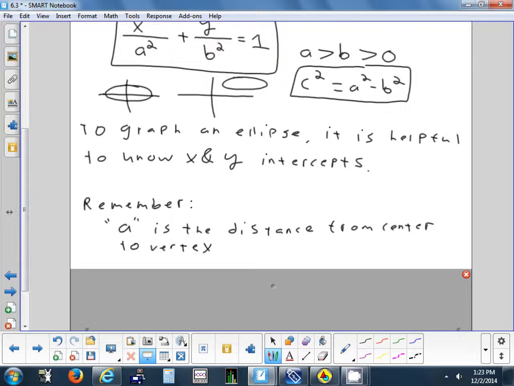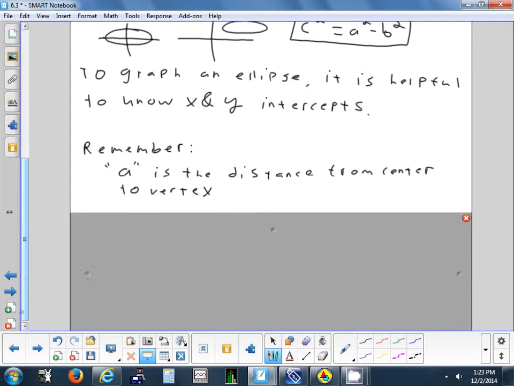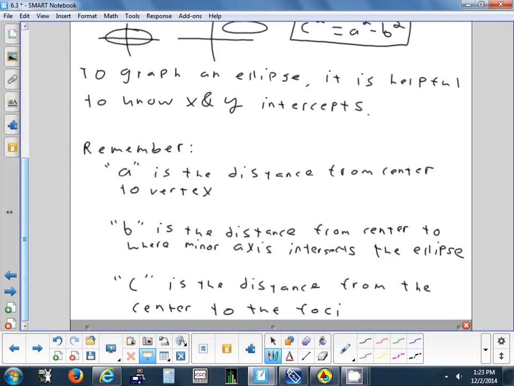All right. Now here are the 3 key letters and how you find them. With a parabola, you just had to find A. Well, with an ellipse, you have to find 3 things, A, B, C. On the board, I've quickly summarized how you find them.